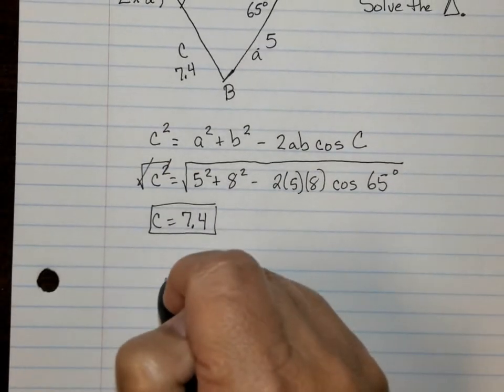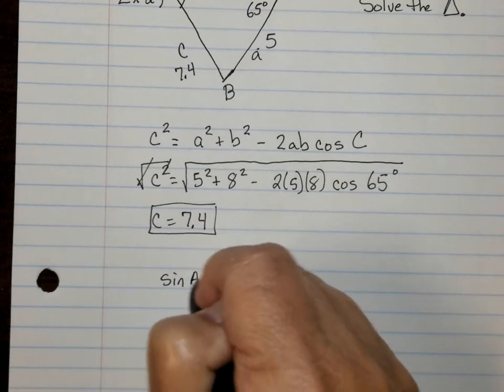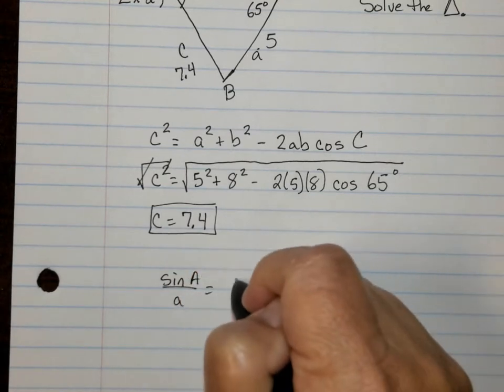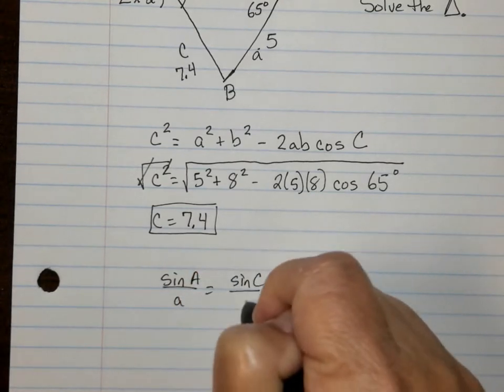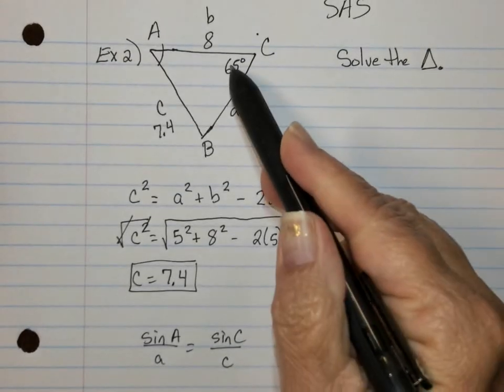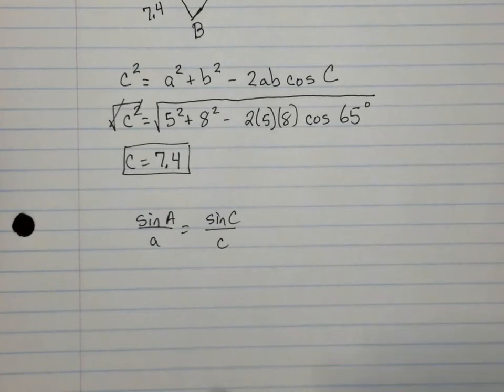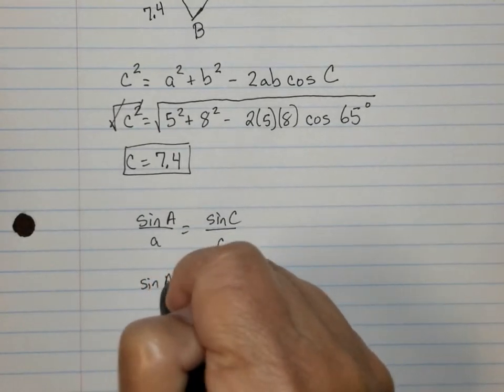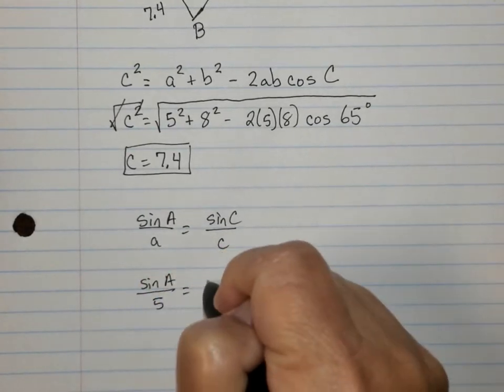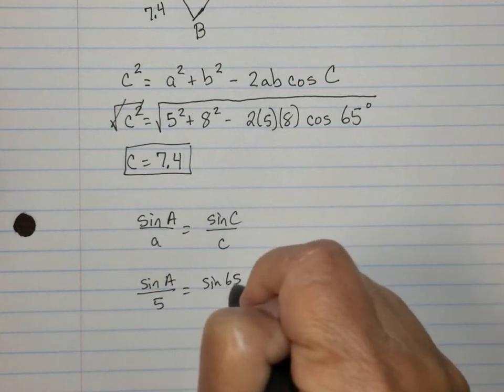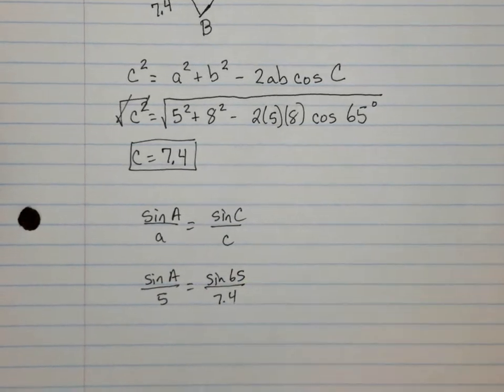So I would go sine A over A equals sine C over C, right? Because now I know this angle and this side that are across from each other. So sine A over 5 is equal to sine 65 over 7.4.